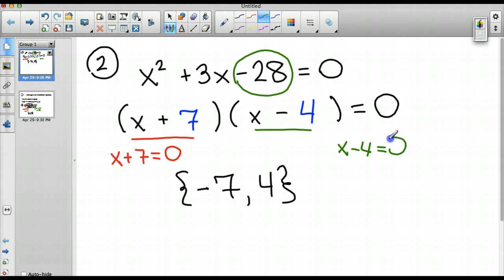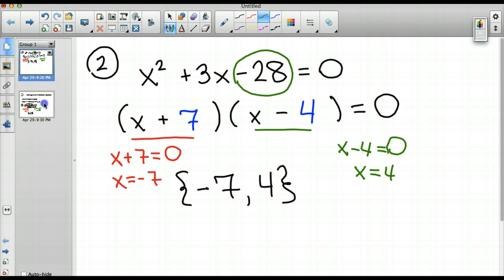Well, what would make x plus 7 equal to 0? If x were equal to -7, that would be true. And to get x minus 4 equal to 0, x would have to be +4. And so that's how we get our two answers of -7 and +4 using our factoring method.